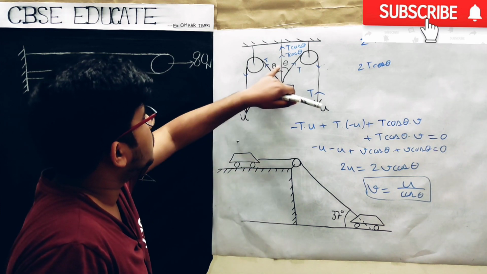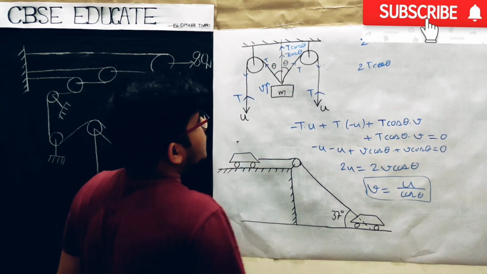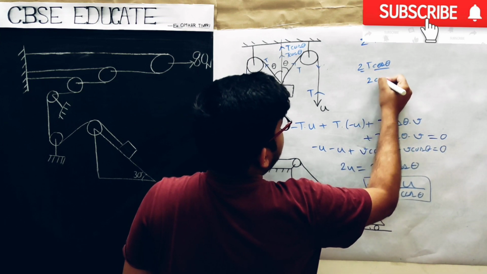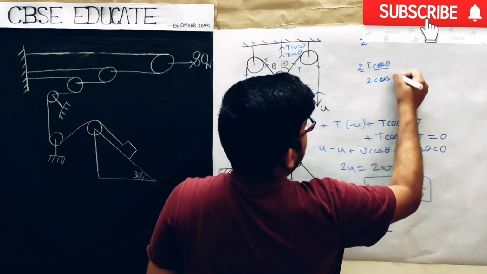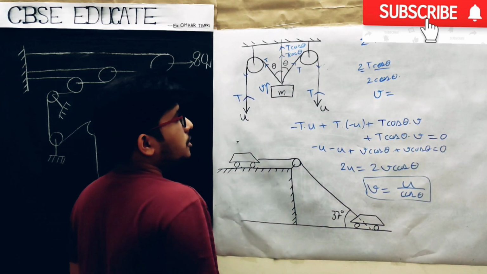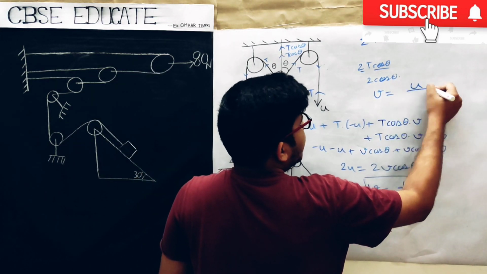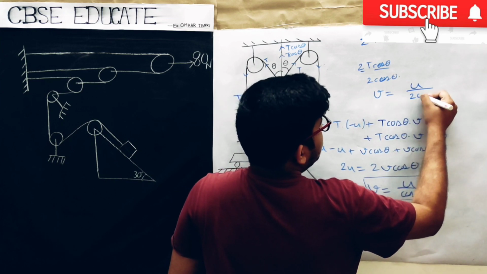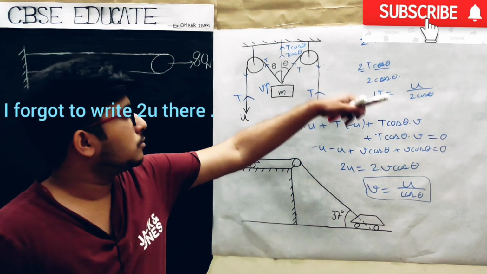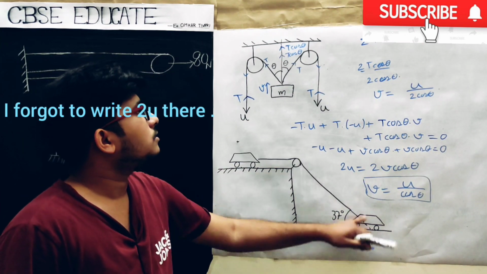So here you can see the tension is getting multiplied by the term 2 cos theta. So the velocity will be divided by that term, u by cos theta. You can also do this in the same way, or you can apply this.